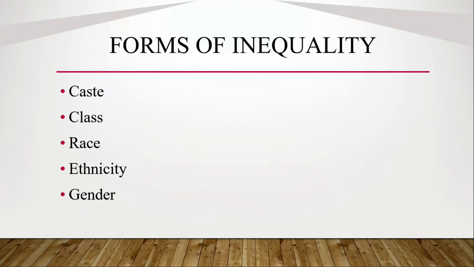Caste. Now caste has two aspects to it. We understand caste from two points of view, right? From the structural point of view and from the cultural point of view. Structural point of view means the way the society is structured. Now most of the time we say that caste is very unique to Indian society.